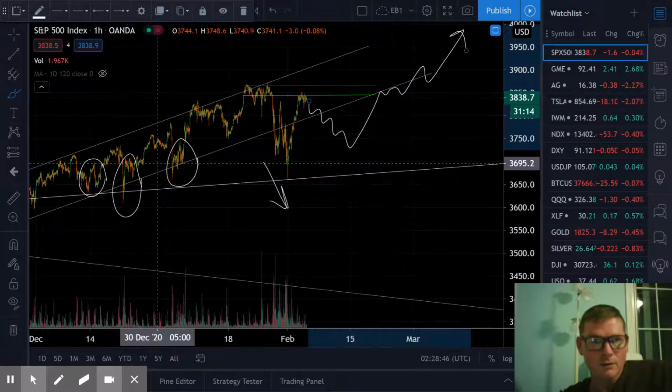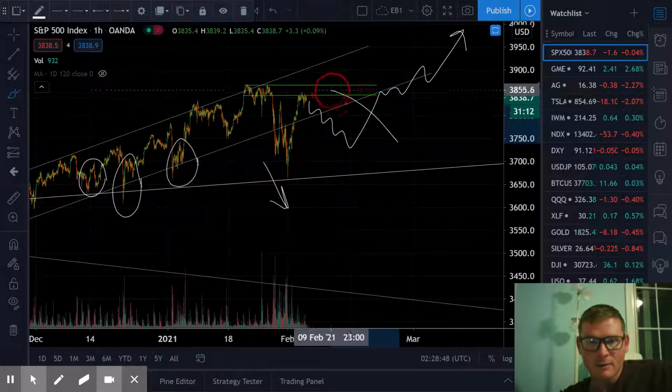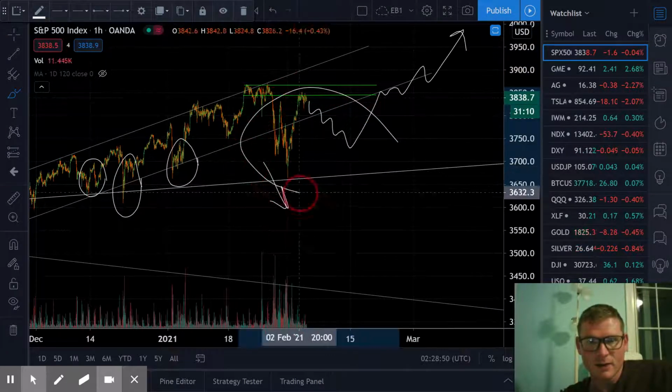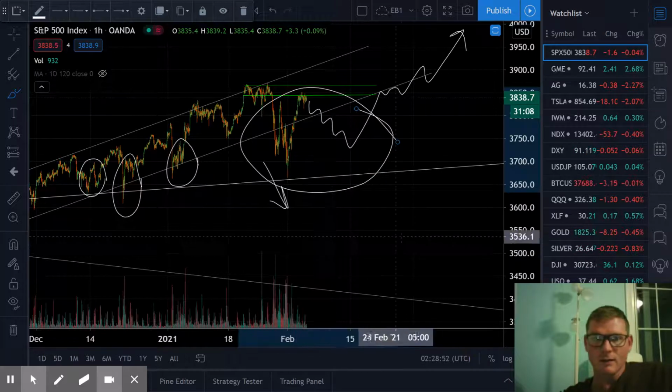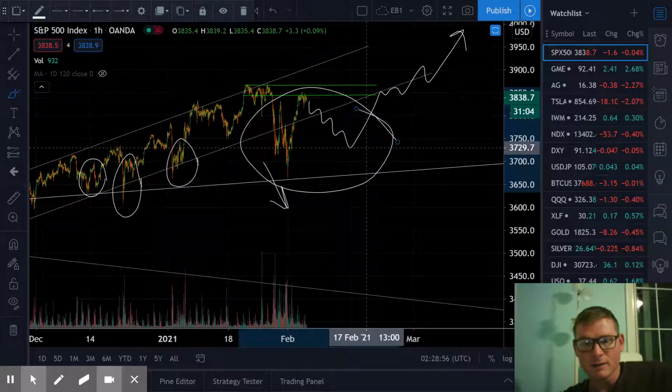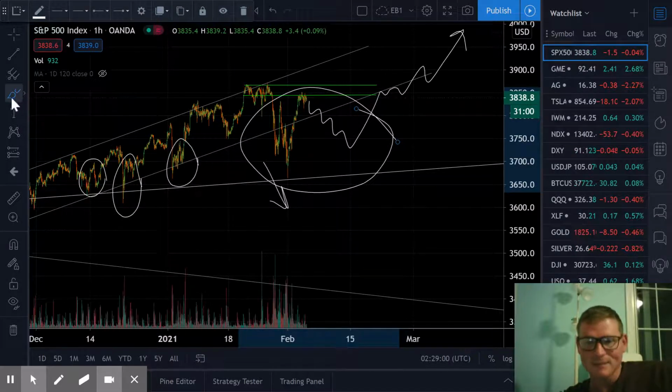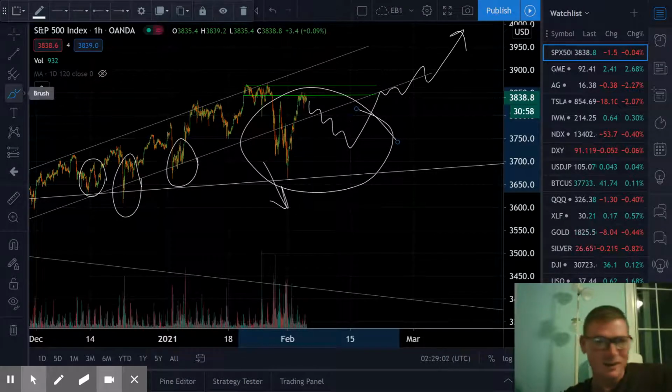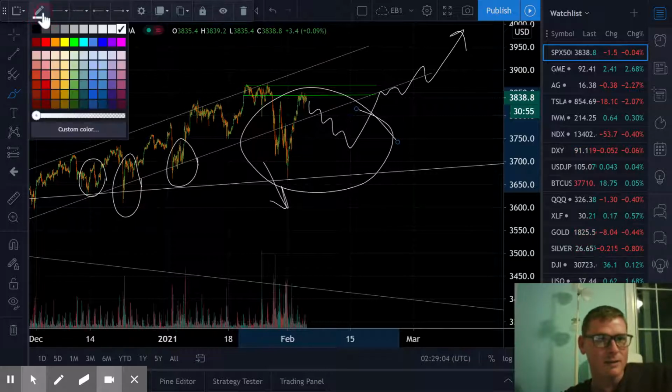That would be a whipsaw bear trap setup, if we catch a higher bottom here. That's the trade setup. And this is not investment advice, as always. Just a trade idea. Just looking at some things that could happen.